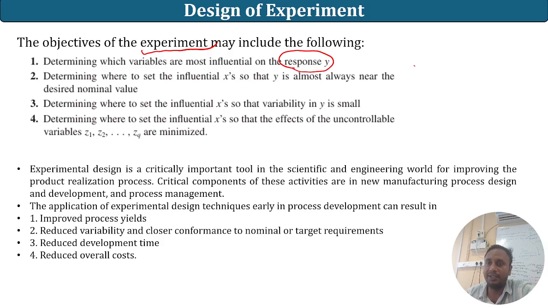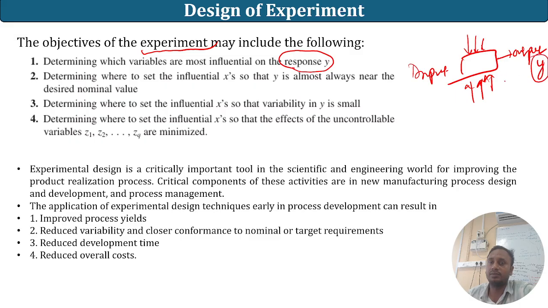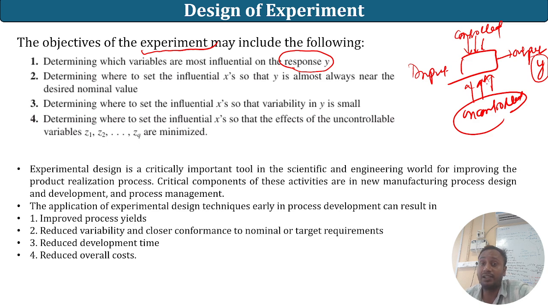As I told, we have input, a black box with some factors, and then output, the response y, with some controllable factors and uncontrollable factors. Now we have to decide which factor has more effect on the response y. If we change one factor, what will happen to the output y? If we change another factor, what will happen to the output?